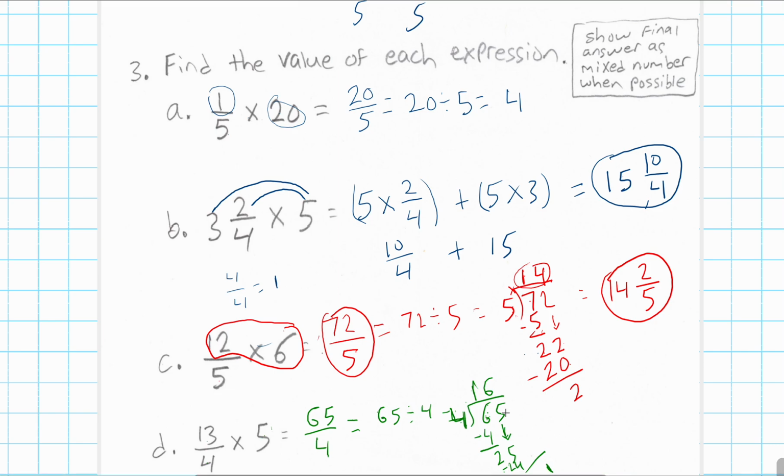Remainder 1. Okay, so my answer is going to be 16 wholes, remainder 1. 1 what? 1 fourth. So 16 and 1 fourth. So 65 fourths or 16 and 1 fourth.